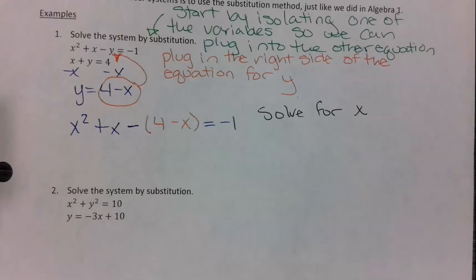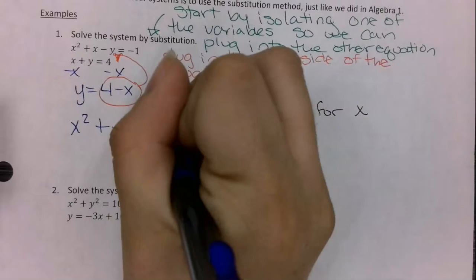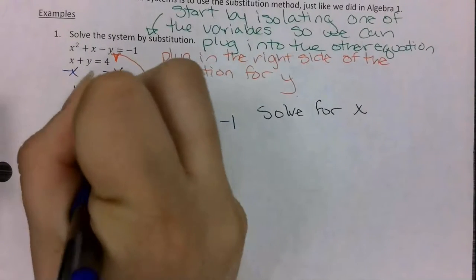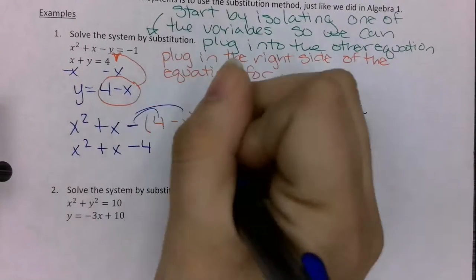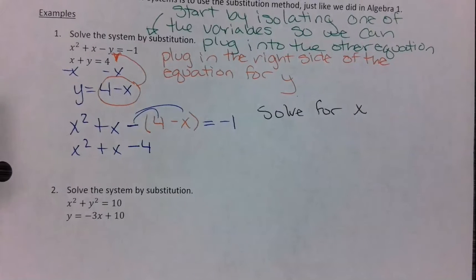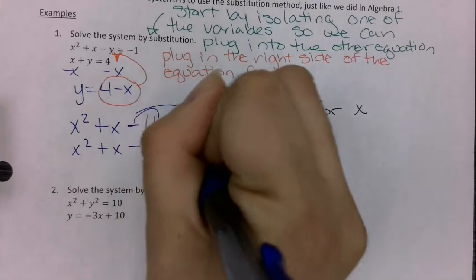Okay, so what's my first step I want to do? Okay, distribute this negative in. So I have x squared plus x. Negative times 4 is negative 4. Negative times negative x gives me positive x equals negative 1.